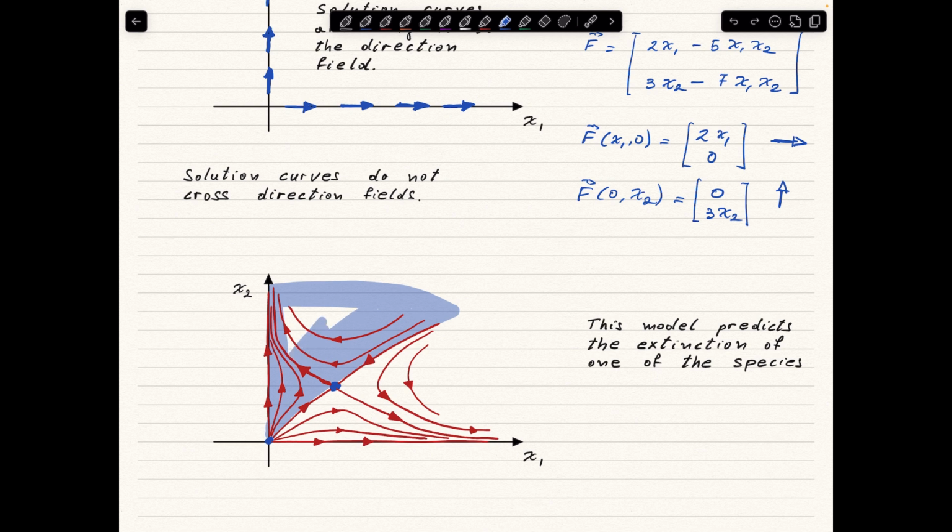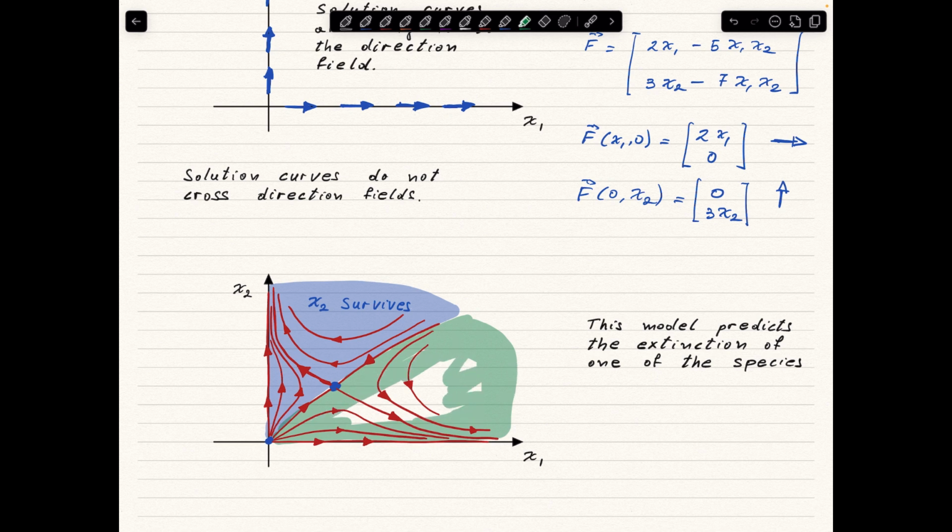On this region, if you put initial data whatever you like for the two populations, then here x2 survives. And if you put initial data on this region, whatever you like on that region, it goes to infinity, but we are not going to draw it to infinity, obviously.